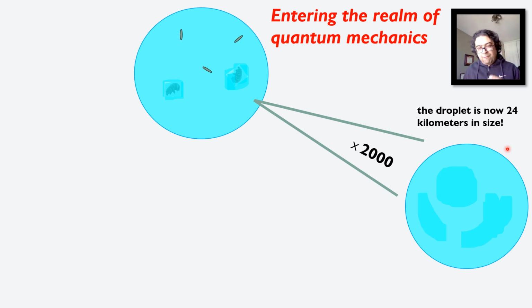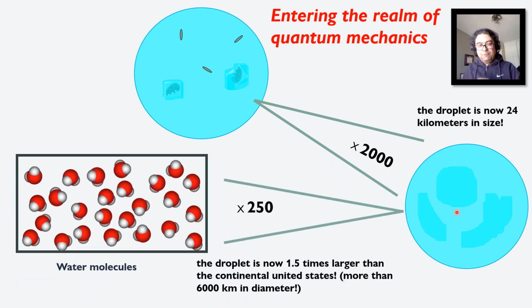And if I want to zoom in still further, now I can start making a distinction between the different parts of water. For that, I'll have to zoom another 250 times. Now, at this level, that drop of water is 1.5 times larger than the continental United States.